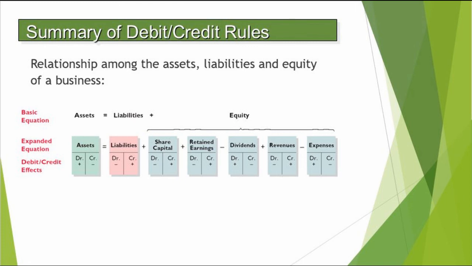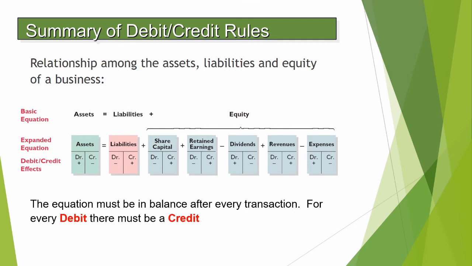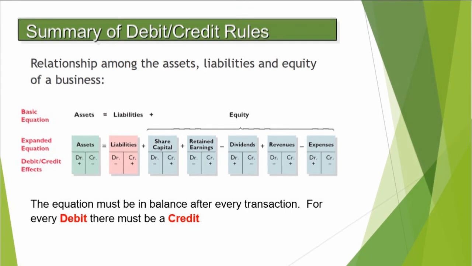Now let's see the debit or credit effect. See carefully. When some account of asset is increased on debit, some account of asset is decreased on credit. Or on the other side, some account of liabilities will increase on credit, or some account of equity will increase or decrease on credit.